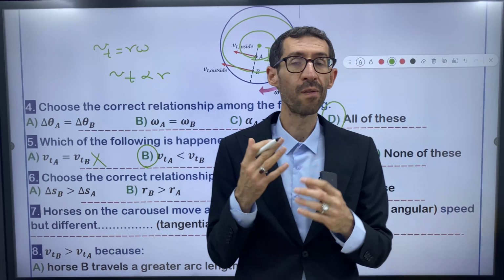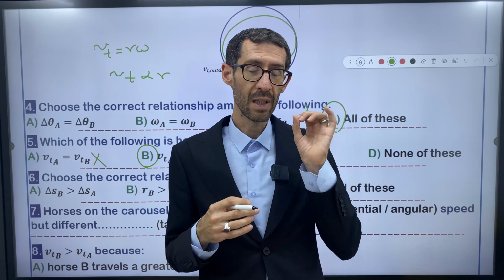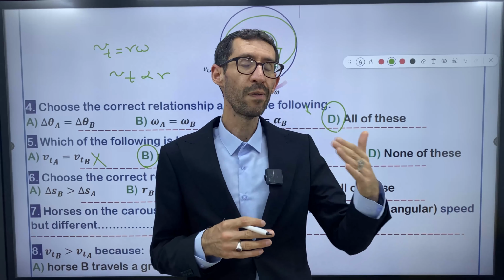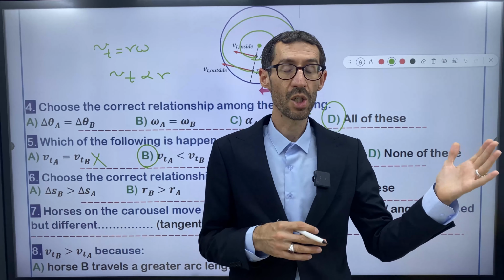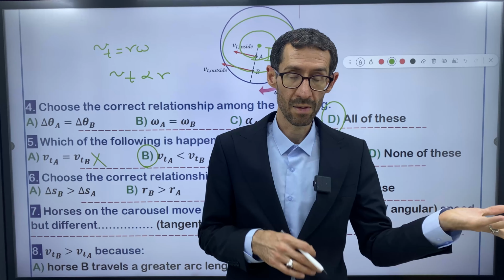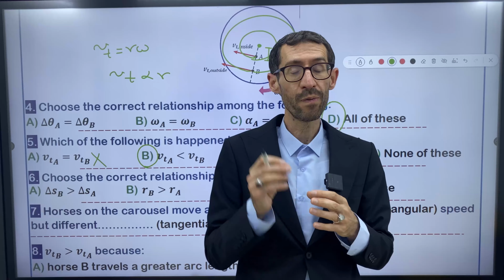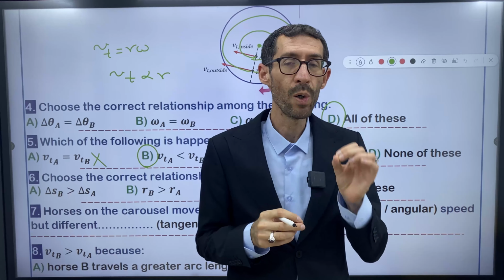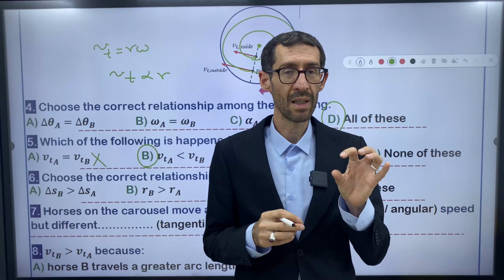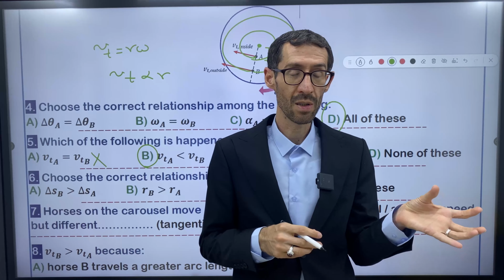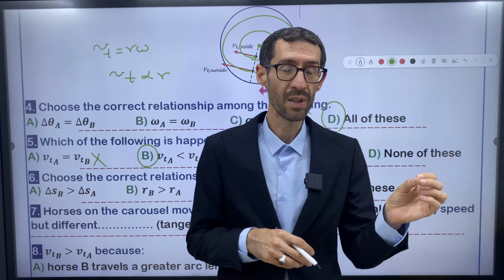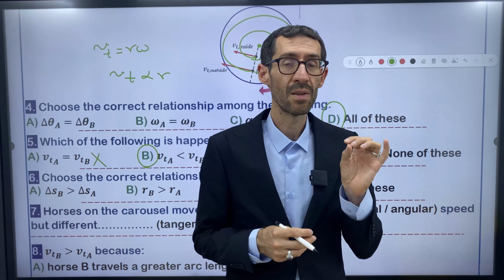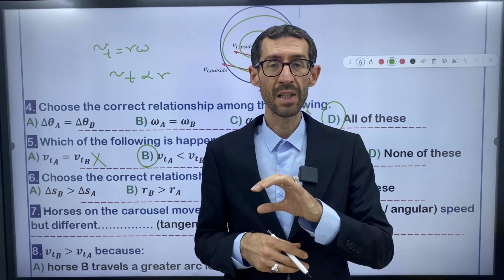Tangential velocity for each point differs from the tangential velocity of the other. That's why for any particular point on a carousel, on a rotating object, there's its own tangential velocity. There's its own radius.